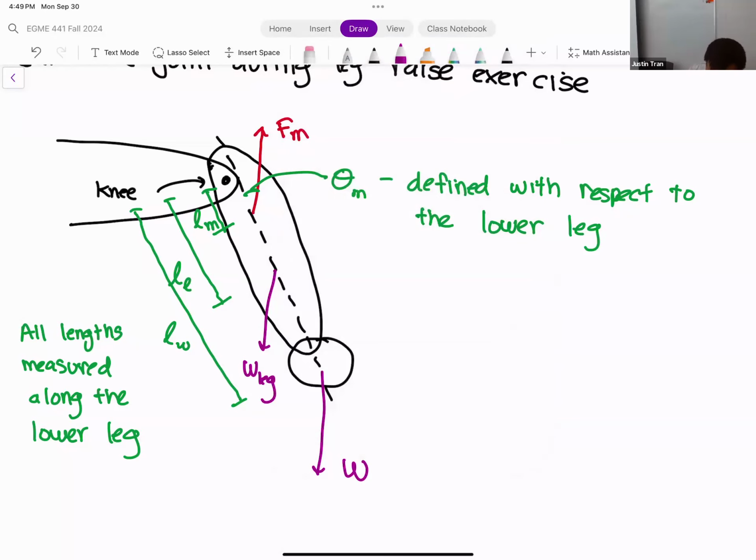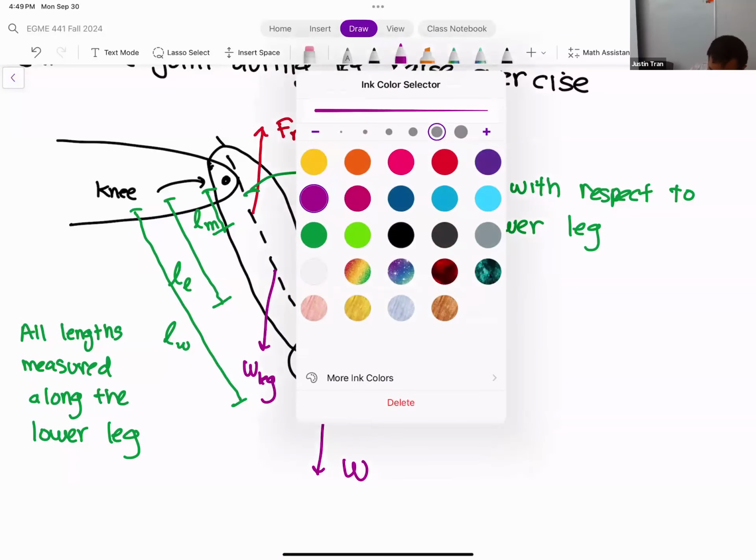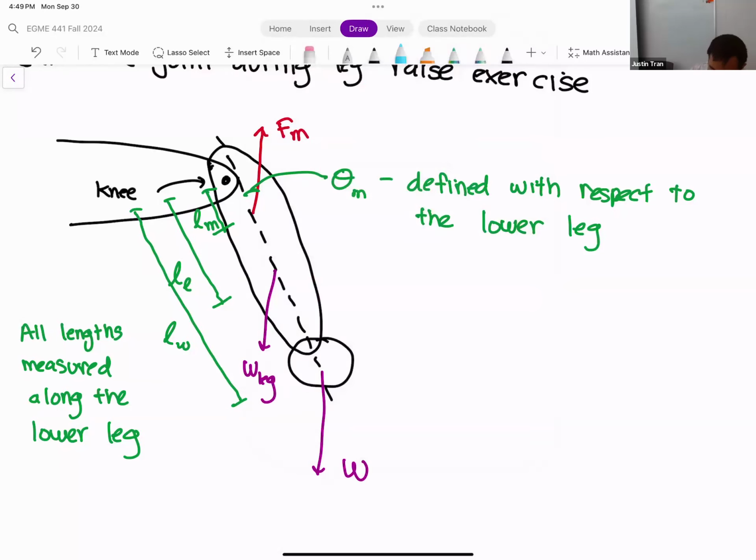Okay. And so the last piece of information that we need here is the angle of the lower leg itself. I'm going to change the color for this because this is an angle that's given with respect to the horizontal.